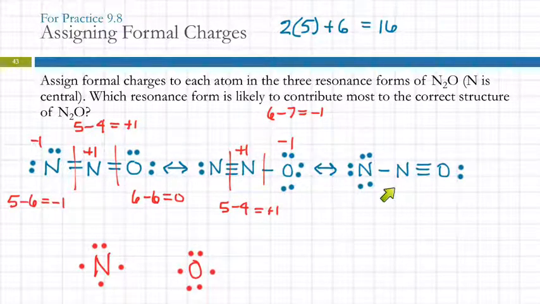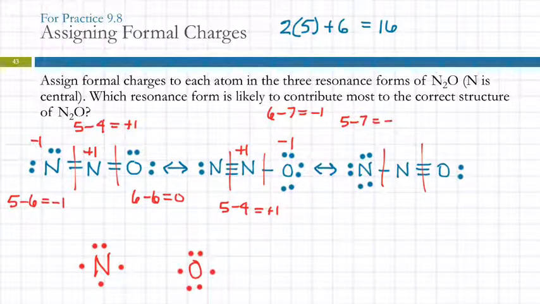And then let's look at this one. Is there anybody here who's going to have a 0 formal charge? No. Nitrogen wants 3 bonds. Neither of the nitrogens have that. Oxygen wants 2 bonds. It doesn't have that. So these are all going to have formal charges. So let's imagine cutting the bonds in half. The nitrogen on the left side came in with 5, and it's leaving with 7.